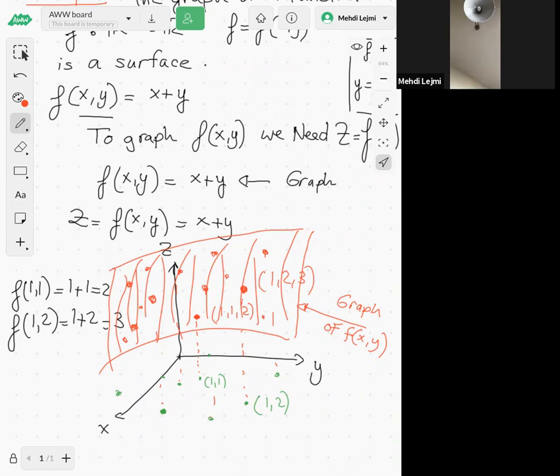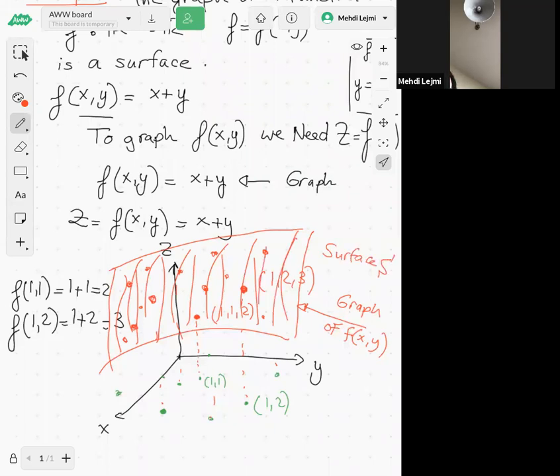It doesn't have to be a flat plane. You take a sheet of paper and you twist it, and that will be your surface, or the graph of the function f of xy. Does this make sense to you guys? You see why the graph of a function of two variables would be a surface, right? So this is my surface S.